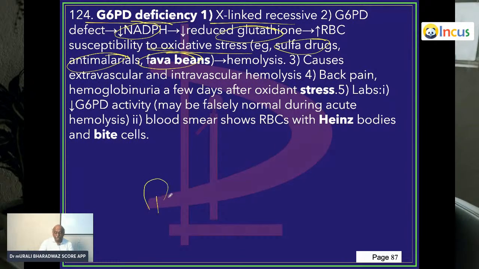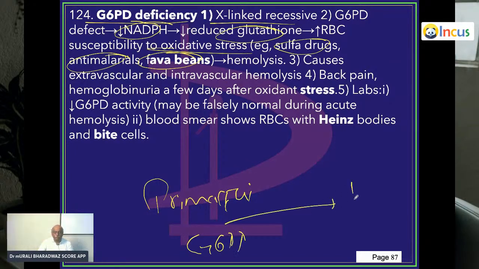Which anti-malarial, doctor? Primaquine. If you give it in G6PD deficiency, it leads to hemolysis. What type of hemolysis is it? Both extravascular and intravascular hemolysis. It leads to back pain and hemoglobinuria after the person has eaten fava beans, or a few days after the person has taken sulfa drugs.